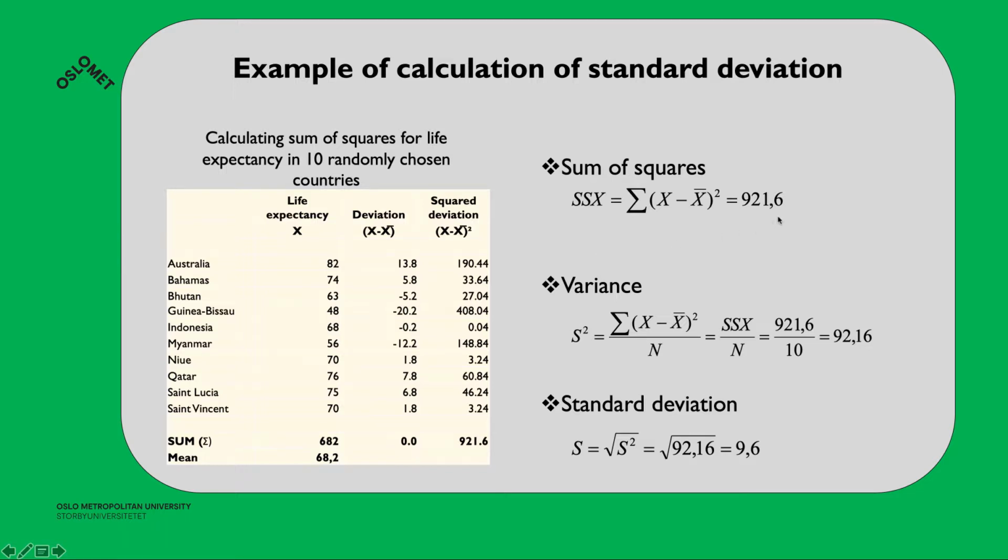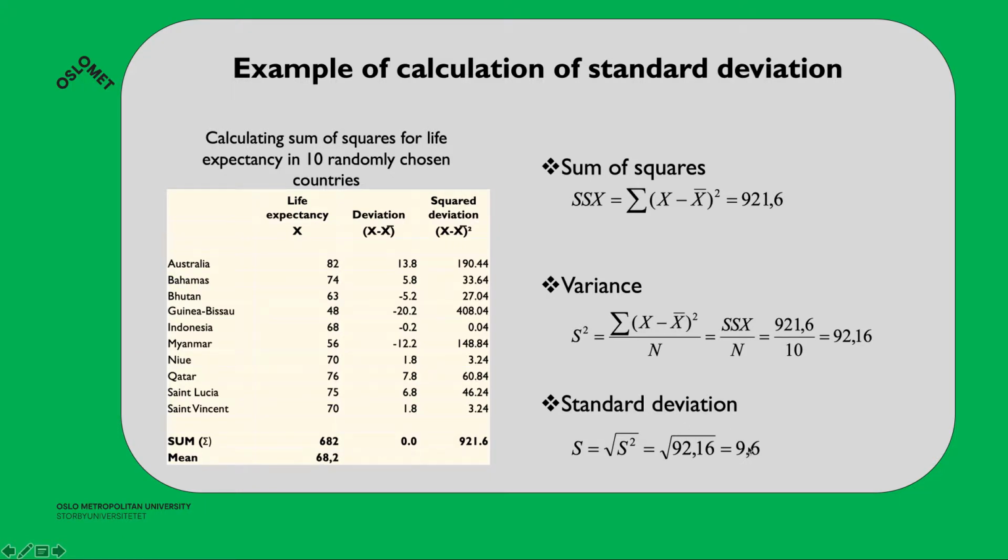The sum of squares is 921.6, which says nothing really. The variance is 92.16, which is also not very easy to understand. But when we take the square root of the 92.16, we get 9.6 years, which is the standard deviation around the mean.